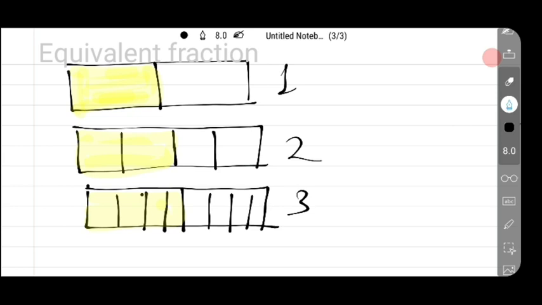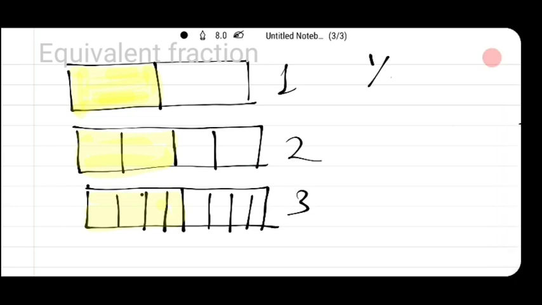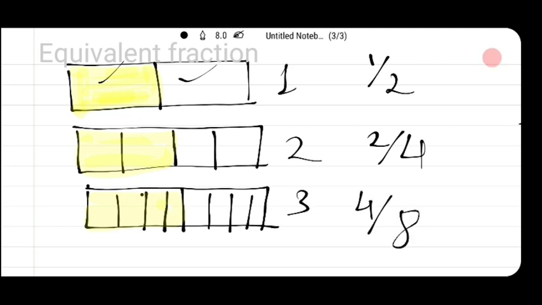In the second case it should be 2 upon 4, because the whole in the second case is 4 parts and the shaded parts are 2 parts. In the third case that should be 4 upon 8.